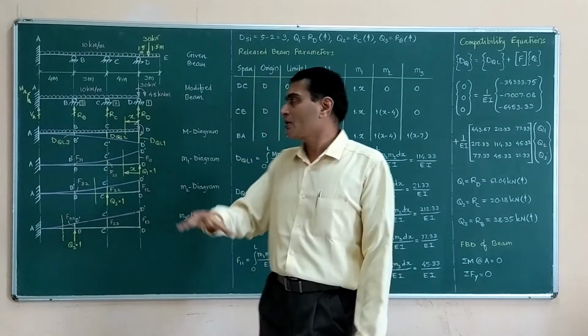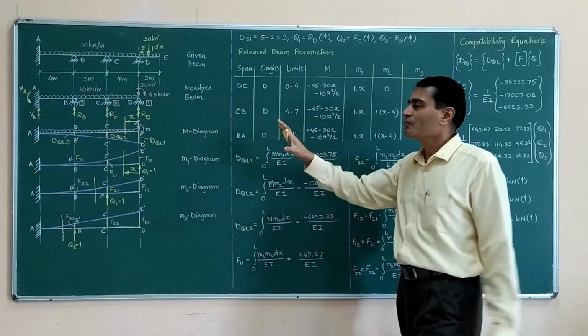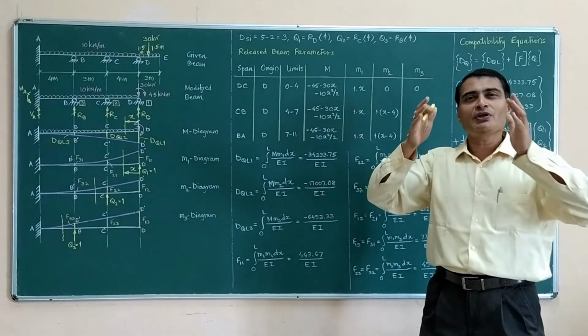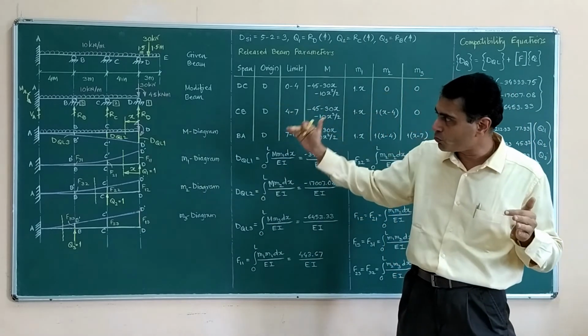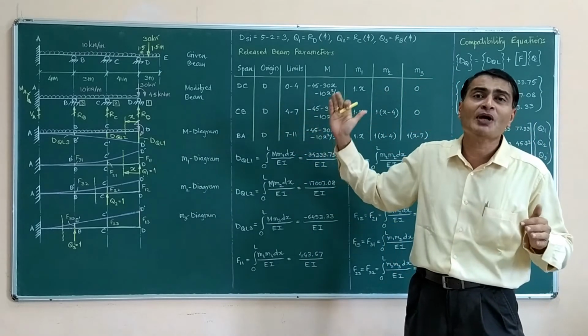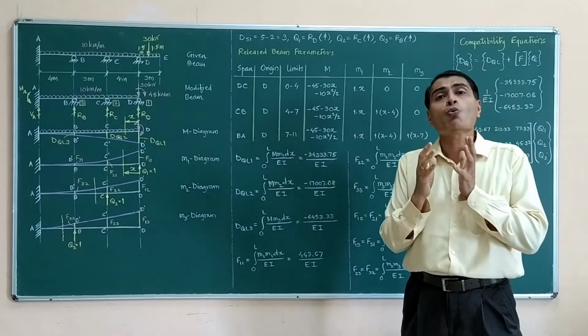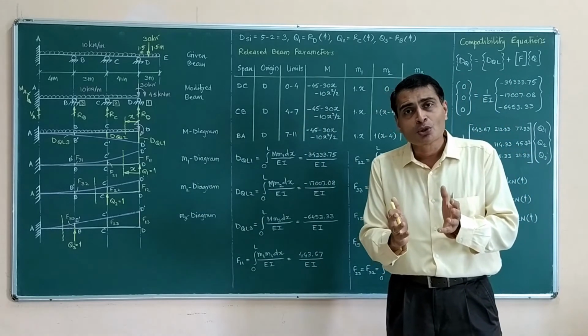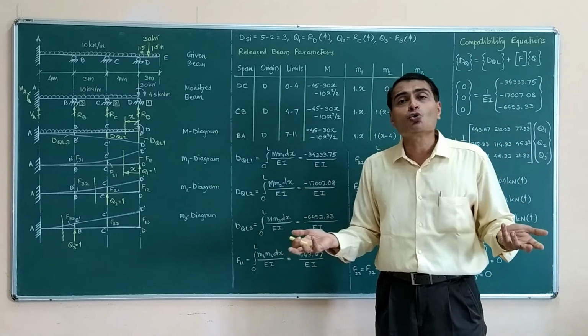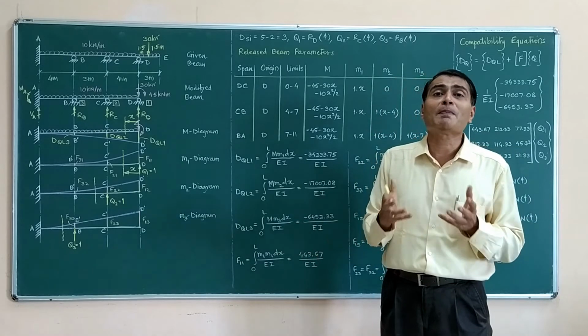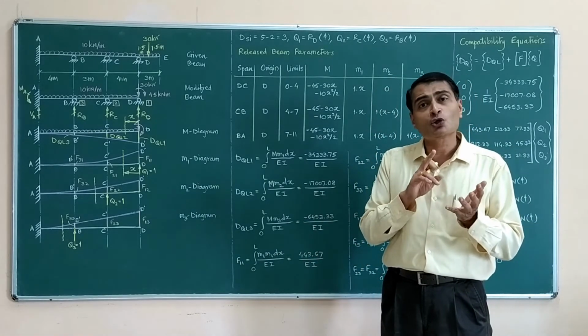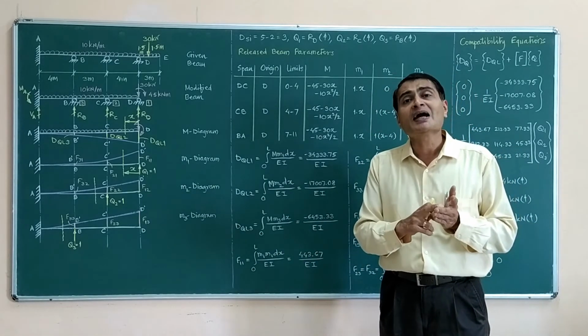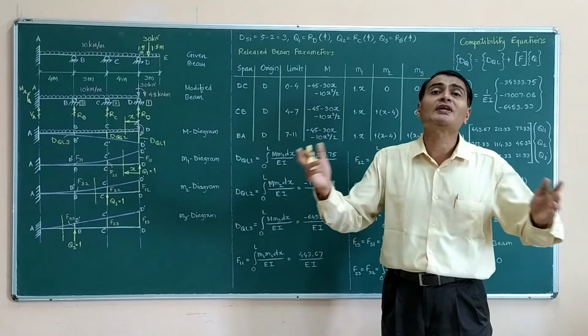Great, our table is ready. We perfectly know in each span for these 4 different cases M, M1, M2, M3 what are the bending moments. So now we are free to compute all the flexibility parameters including DQL1, 2, 3 and flexibility 1,1 up to 3,3.